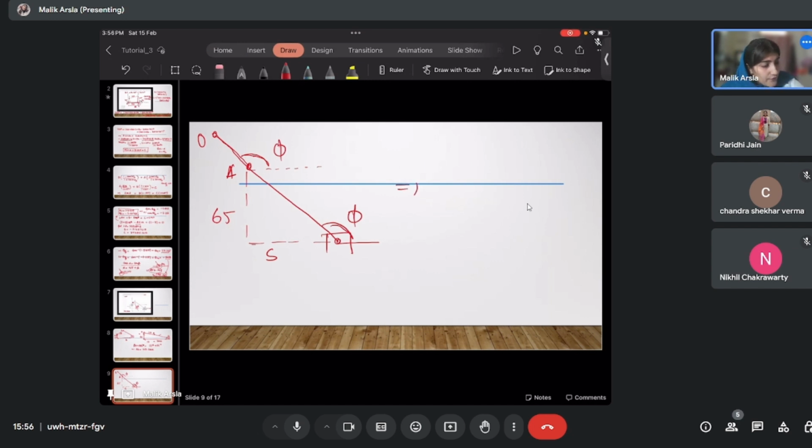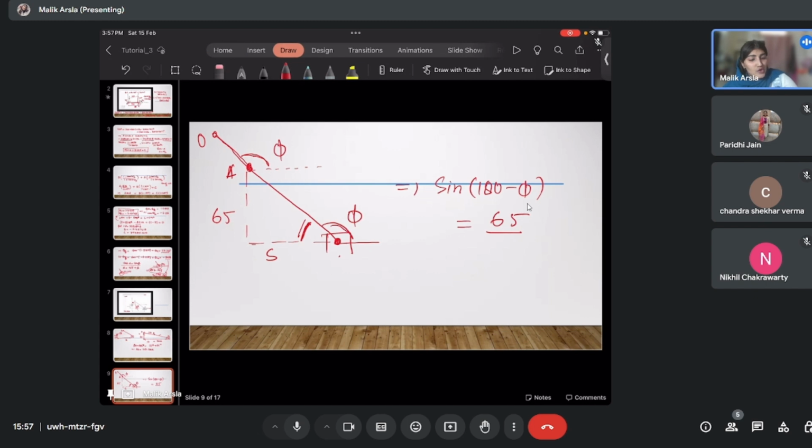So what we can write here is sine of 180 minus phi, which is this angle, will be equal to perpendicular upon this distance. Wait a minute, the perpendicular is 65, sorry. So it will be 65 upon this distance.